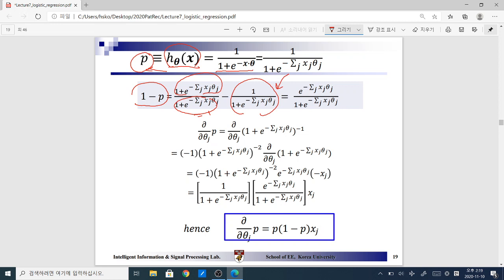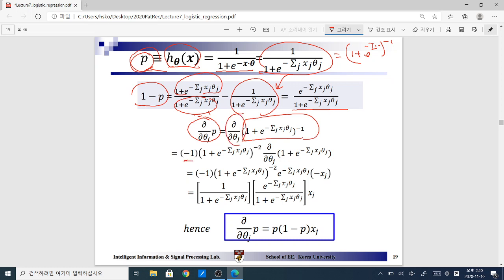And if you combine these two terms together, essentially you are going to obtain this, which means that we can then obtain dp d theta sub j, or the partial derivative of p with respect to theta sub j, by just going through the derivation of taking the partial derivative of this p, where p, once again, is the whole thing as 1 plus e to the minus some blah blah, to the negative 1 power. So now with this relationship, you can actually take the partial derivative rather easily.